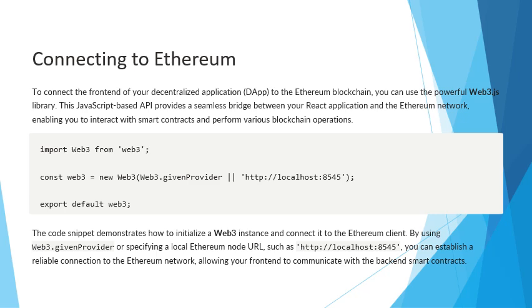The code given above demonstrates how to initialize a Web3 instance and connect it to the Ethereum client. By using Web3.givenProvider or specifying a local Ethereum node URL, you can establish a reliable connection to the Ethereum network, allowing your front end to communicate with the backend smart contracts.